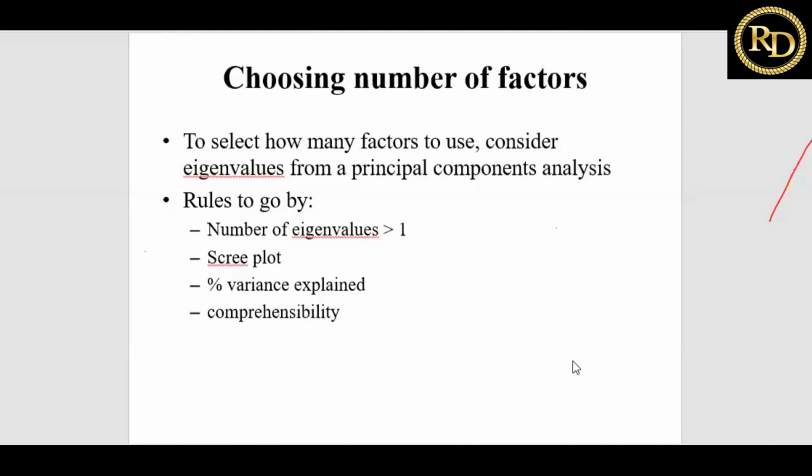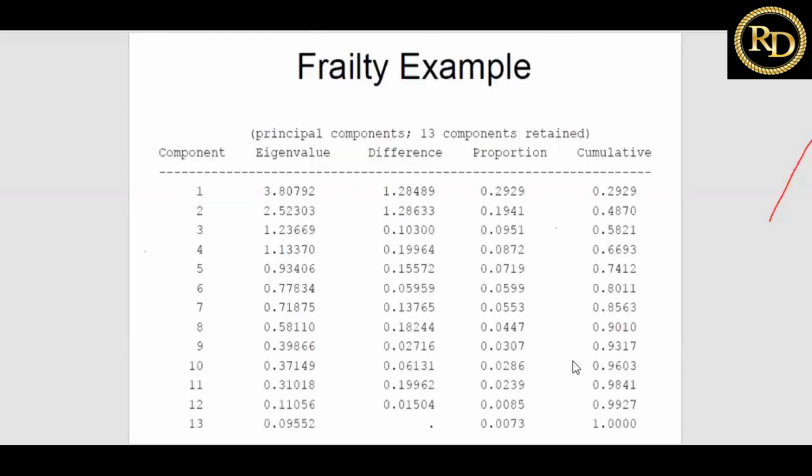If the number of eigenvalues is greater than 1, that is important for deciding your factors. The second way is the scree plot, then percent variance explained, that is how much variance is explained, and comprehensibility. So this you can decide.